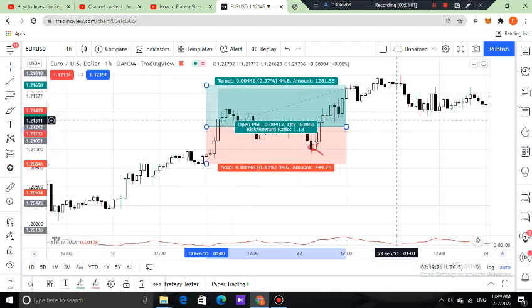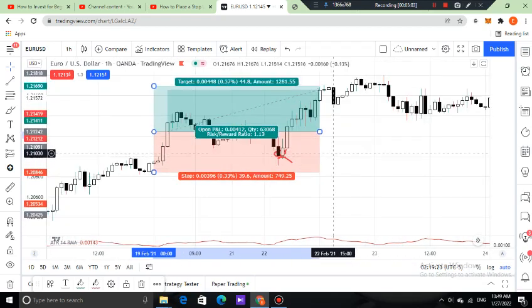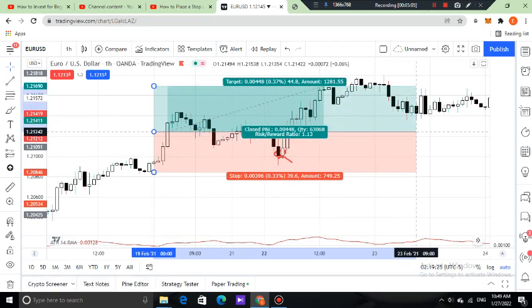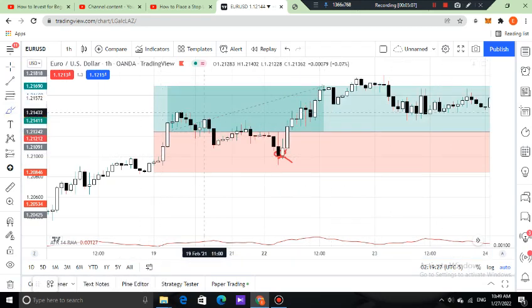but you're still in the position. Some traders add to their position, they enter at this price, they add to their position.